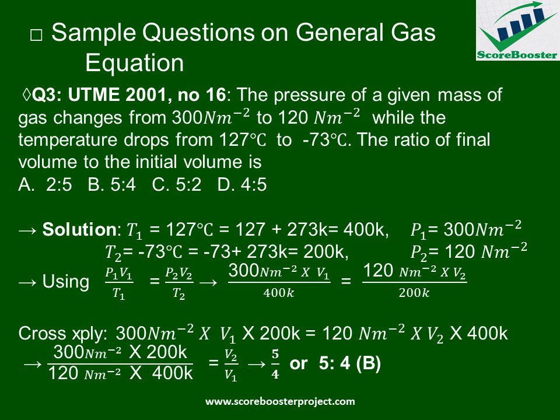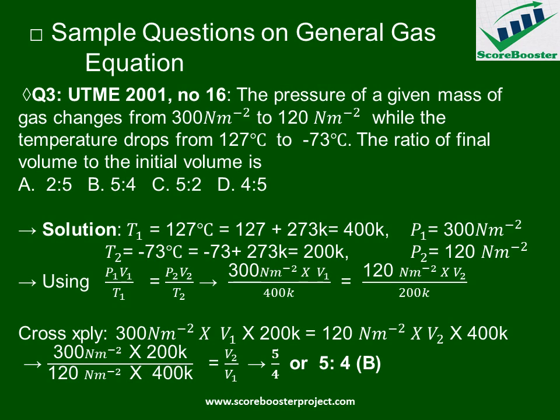Our P1 in this case is 300 Newton per meter square times V1, which is unknown, over T1, which is 400 Kelvin, equals P2, which is 120 Newton per meter square, times V2, which is unknown, over T2, which is 200 Kelvin. Then if we cross multiply, we have 300 Newton per meter square times V1 times 200 Kelvin will be equal to 120 Newton per meter square times V2 times 400 Kelvin.